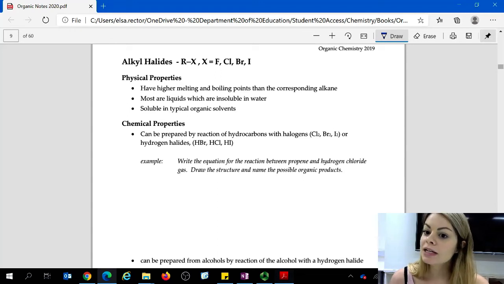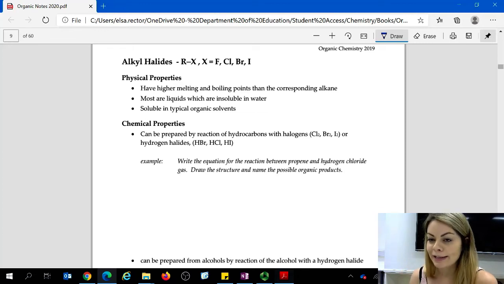Now, this next bit is going to seem like the opposite of what I've told you, which it kind of is, but I'm going to need to explain why. Most are liquids which are insoluble in water. Something like fluoromethane is going to be soluble in water.